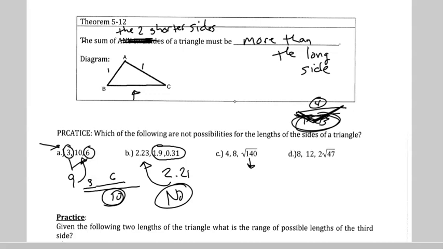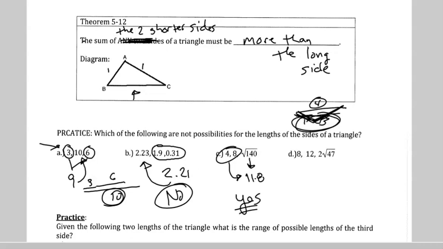Okay, I found a calculator. Square root of 140. Okay, square root of 140 gives me approximately 11.8. Okay. Do the 2 short sides add together to be bigger than the third side? 4 plus 8 is 12. 12 is bigger than 11.8.